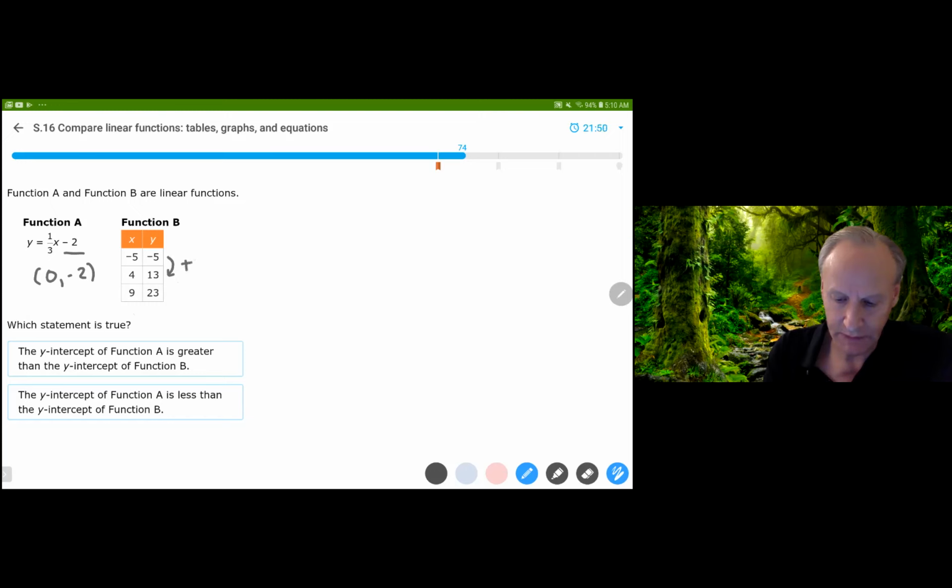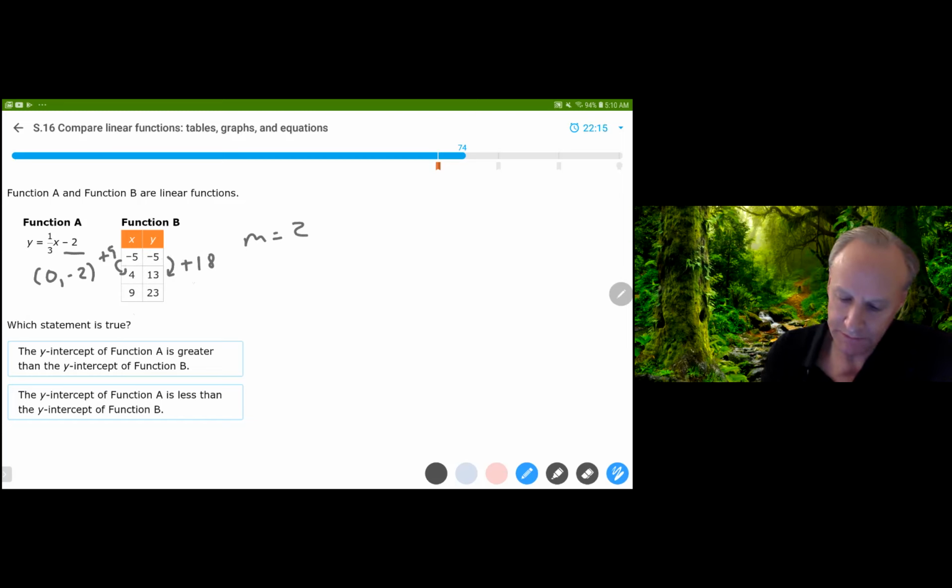Well, I went up 18, and from -5 to 4, I went up 9. So what I'm doing really is counting by 2s, aren't I? And if I count back by 2s, this is going to be a really weird one. So I don't see a real easy shortcut for this one.